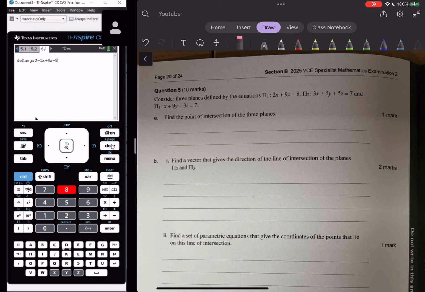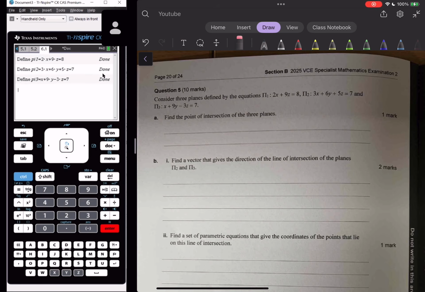So this is something you can do in the CAS. You can define variables to be an equation. So if I type in pi 1 now, it's taking on this whole entire equation as a value. I'm also going to define pi 2 to be equal to 3x plus 6y plus 5z equals 7. And I'm going to define pi 3 to be equal to x plus 9y minus 3z equals 7.